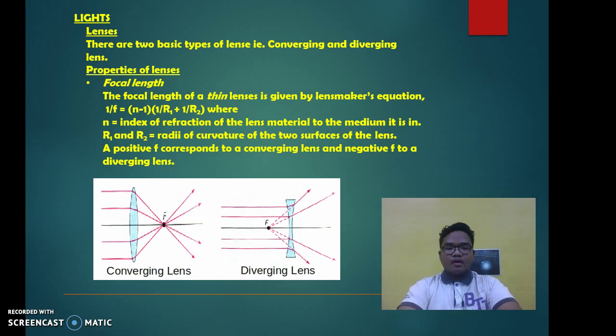The focal length of a thin lens is given by the lens maker's equation: 1 over f equals (n minus 1) times (1 over R1 plus 1 over R2), where n equals the index of refraction of the lens material relative to the medium it is in, and R1 and R2 equal the radii of curvature of the two surfaces of the lens. A positive f corresponds to a converging lens and a negative f to a diverging lens.